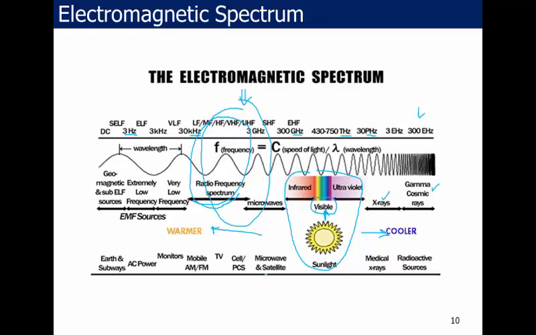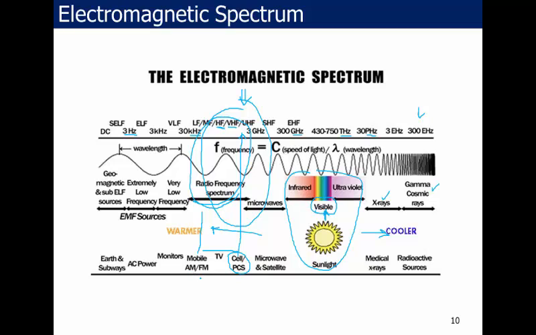TVs and mobile communications are somewhere here. Cell communication is now somewhere here, 2.4 gigahertz, cell and PCS. TV sets are here, VHF, HF in this range.